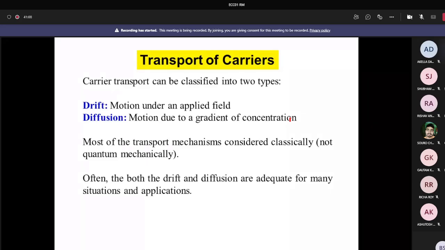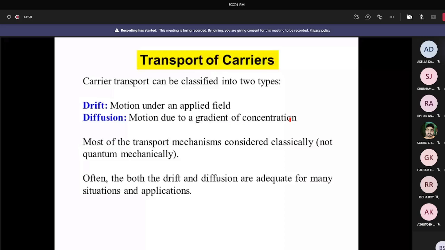Whether by applying a bias or without any bias. So the first transport mechanism is drift. I think you already have a little knowledge about this. Drift is the motion of carriers under an applied electric field. Similarly, diffusion is the motion of carriers due to a concentration gradient. If there are high and low concentration regions in a semiconductor, carriers will move from high to low concentration.